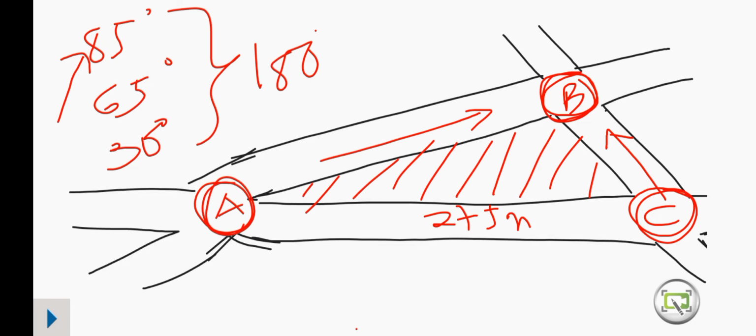Now the angle projecting this will be the angle opposite to that length, which will be 85 here. So 85 will be at point B.